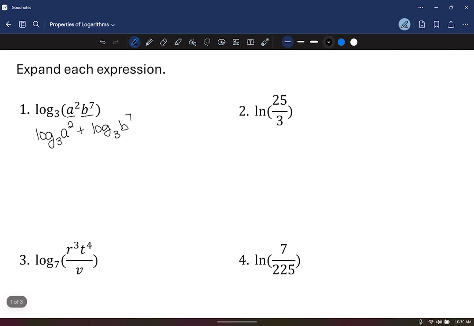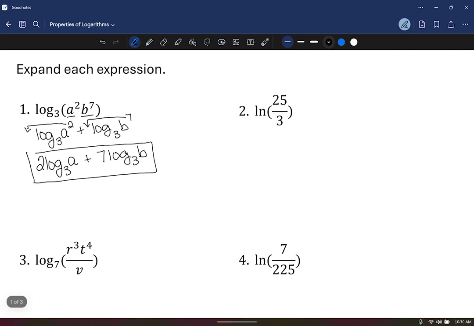But I don't want to leave those exponents in that spot, so I'm going to use that power property that says I can move those to the front of their respective logs. So this would be 2 log base 3 of A plus 7 log base 3 of B. And now I'm expanded fully.